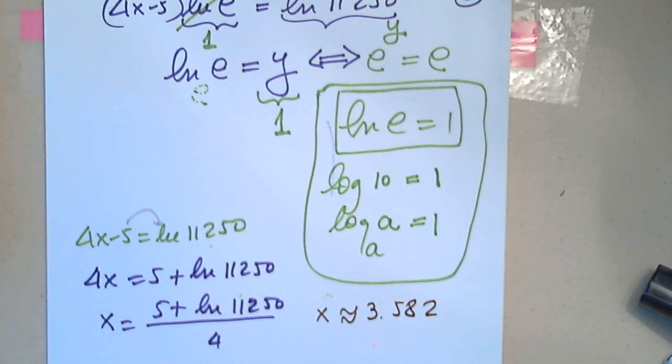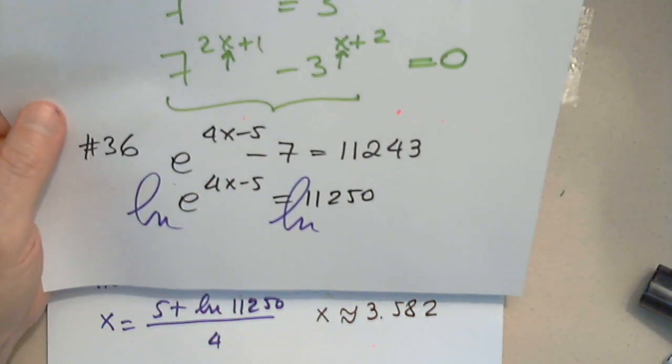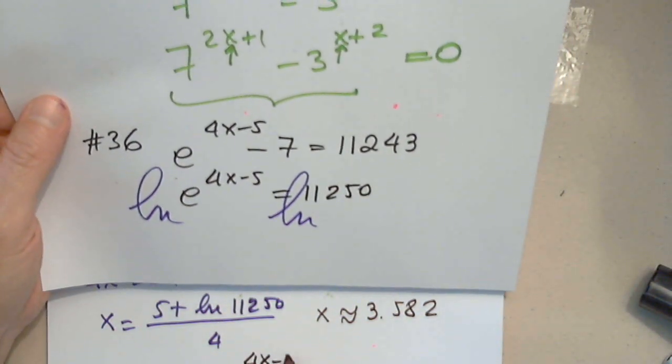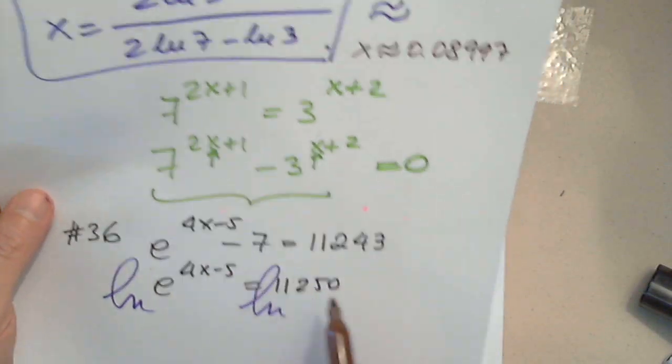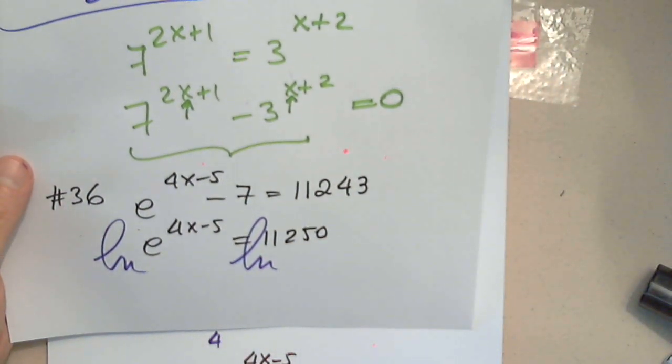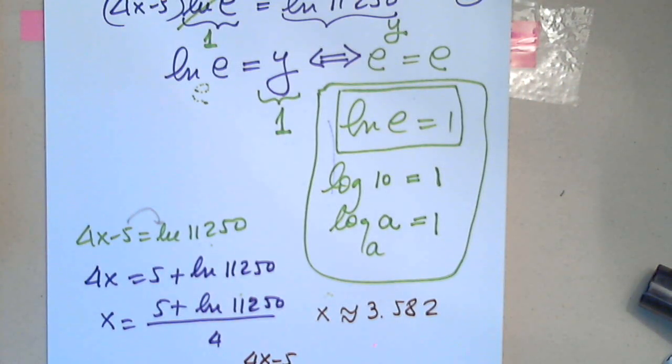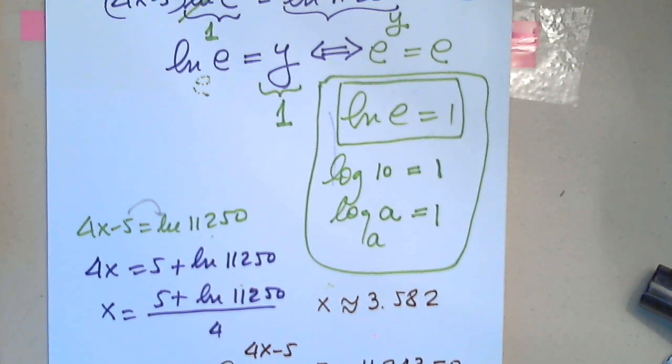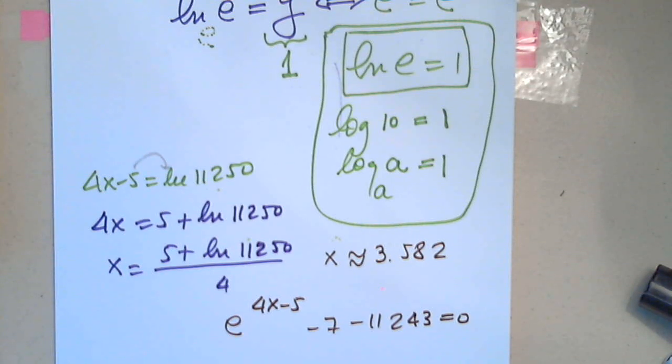Now, the original problem was e raised to 4x minus 5, minus 7. I'm going to move 11,243 to the other side. In this case it doesn't matter, because I'm going to recall the previous answer only once.